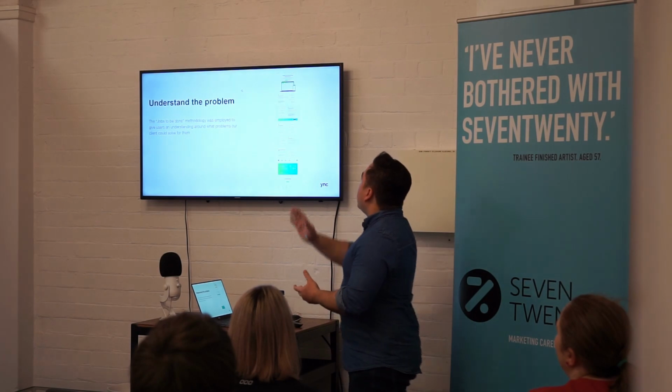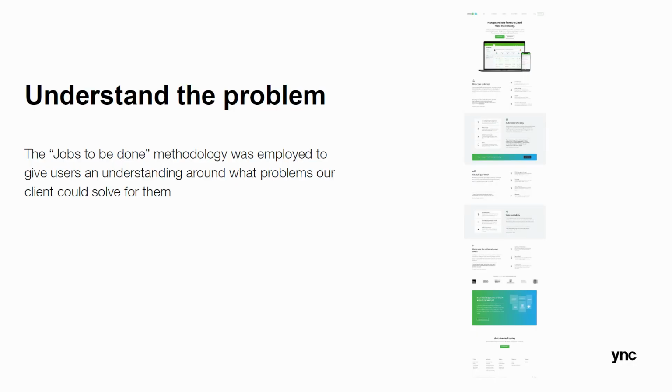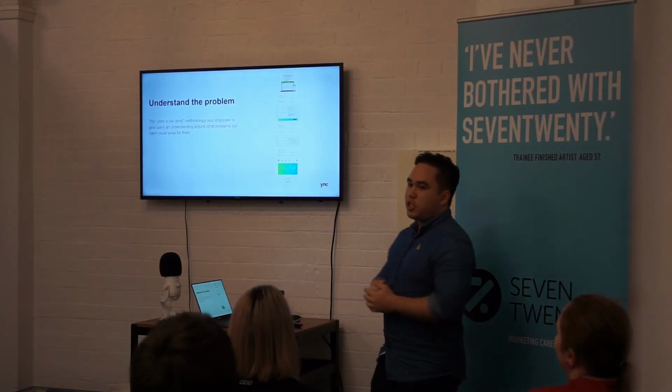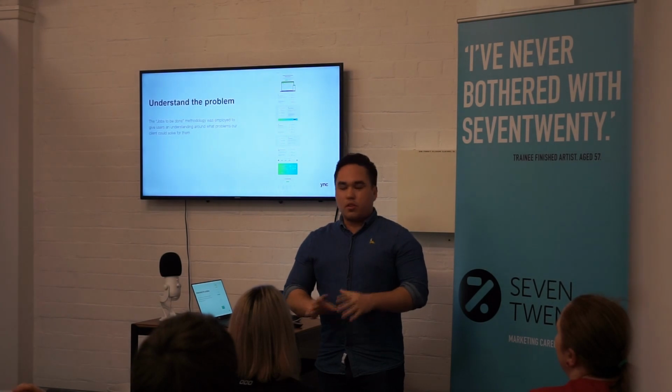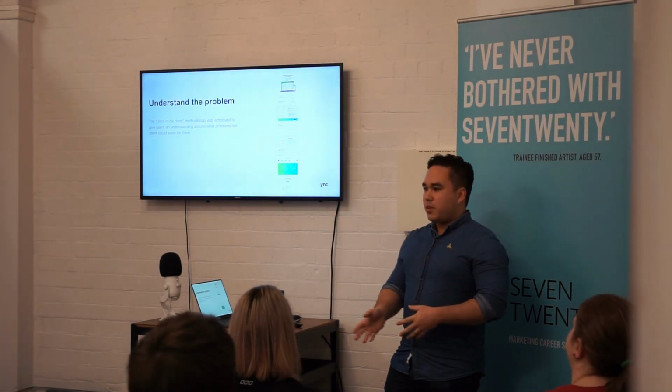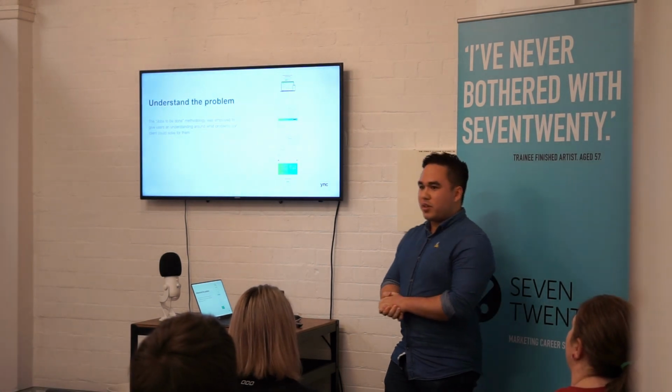This is an example of the page. Can't really see it too well, but that kind of proves my point about understanding the user around what they're looking for. Part of the rebrand, and what we tried to speak to the user with, was a methodology called jobs to be done. Has everyone had any exposure to the jobs to be done methodology or tried it before? Great, a few people.